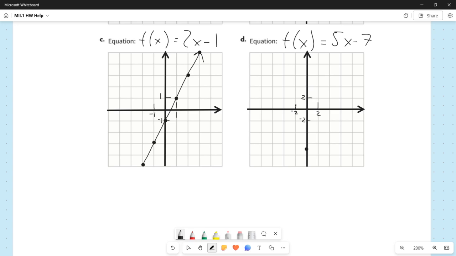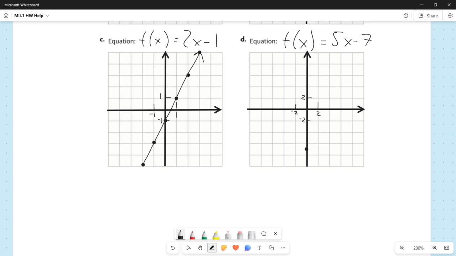I think that'll probably still be the easiest way to finish out this problem. So right now, we are at -7. And our slope is 5, which means in order to get our next point, we can go up 5 and over 1. But please don't forget that our scale, we've established that each box is worth 2.